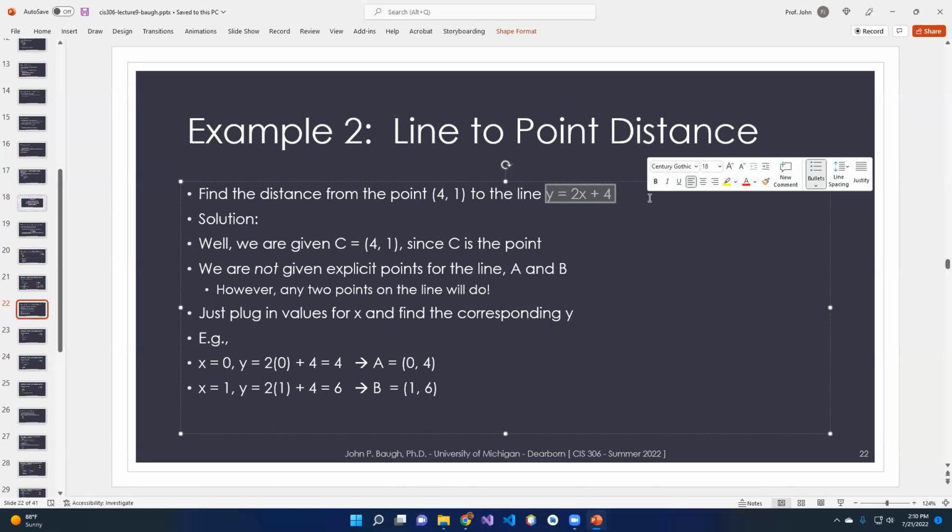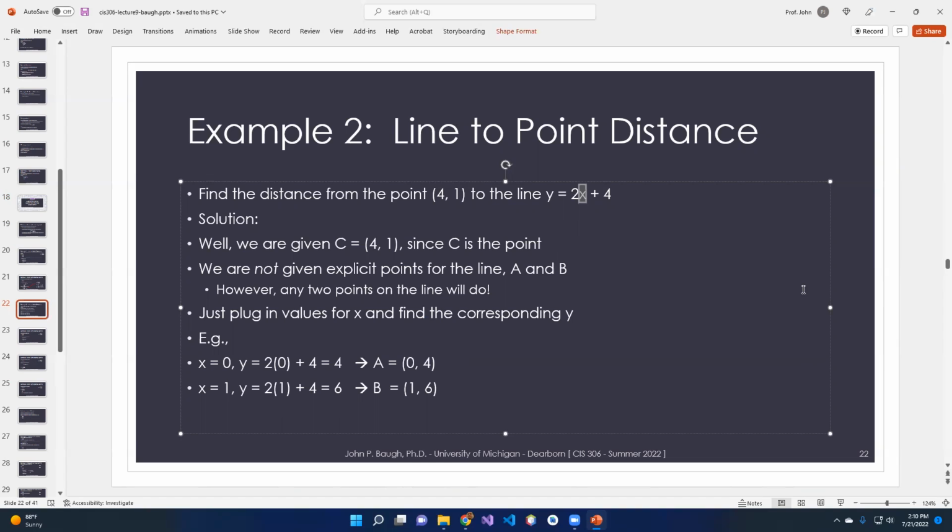And in this particular case, you can see pretty easily that in order to find 2 points on the line, because that's ultimately what we need in order to get our vector, we can just usually plug in a 0 and a 1. That's the easiest way to go, but you technically could plug in any numbers. So that should make it pretty straightforward to find the appropriate points.